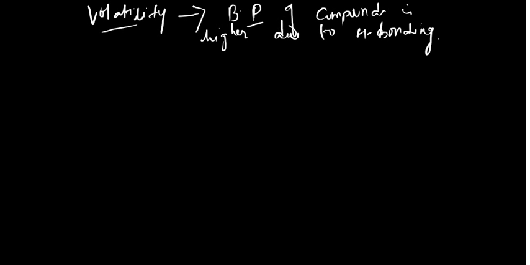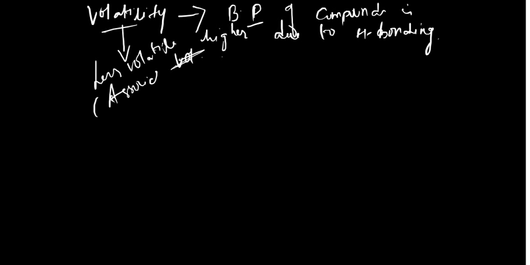So since the boiling point is higher, we can say that molecules that have hydrogen bonding are less volatile, right. Molecules or compounds that have hydrogen bonding are less volatile because the molecules are strongly associated due to the presence of hydrogen bonding, right.